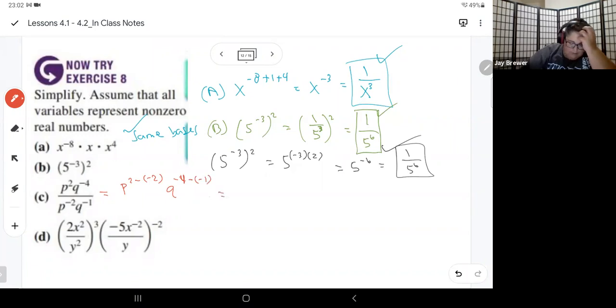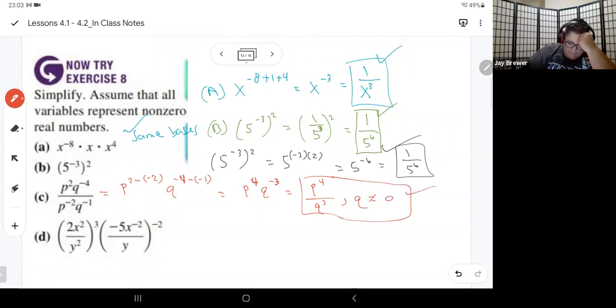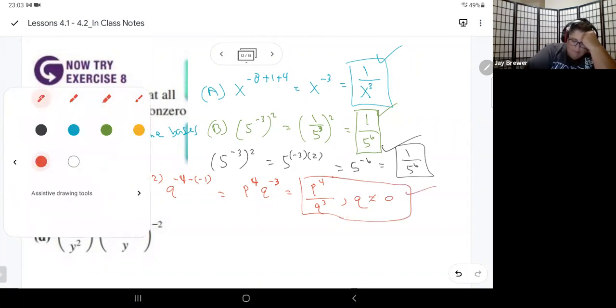All right, so then we'll do it this way. So this becomes p to the 4th on top, q to the negative 3. So we still got to send q back downstairs. So p to the 4th over q cubed. But we're not completely done, because what do we have to remember now? q cannot equal 0. Okay. p doesn't matter.